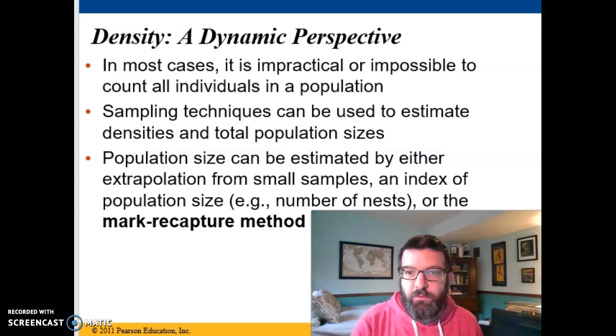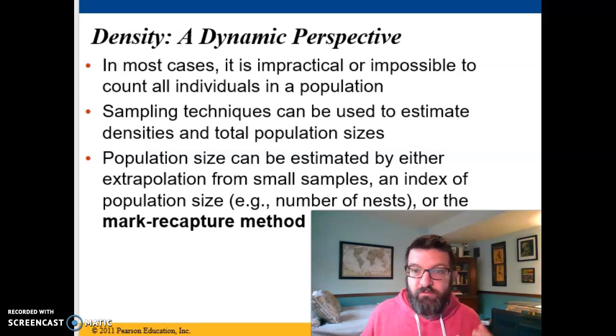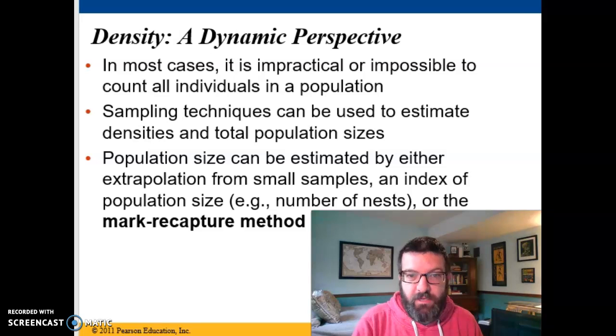And then we get an average, and we multiply it by the total amount of land, and we estimate, oh, well, if there's an average of 3 oak trees per 100 meter squared plot that I measure, then we just multiply that out by the number of meters squared in the total population. So that's pretty straightforward for stationary organisms like plants.